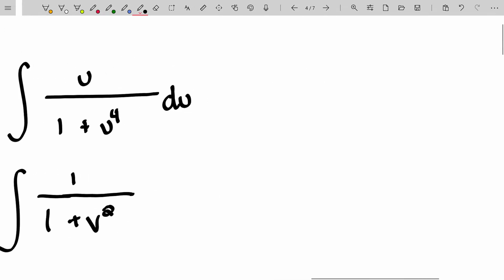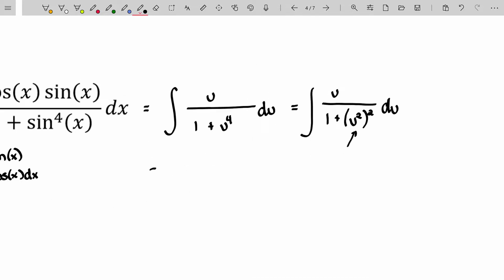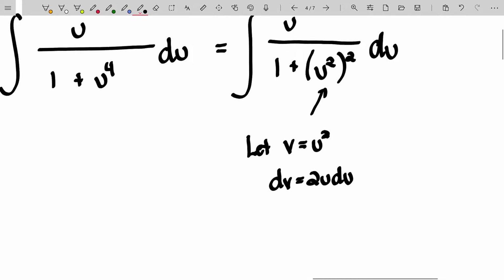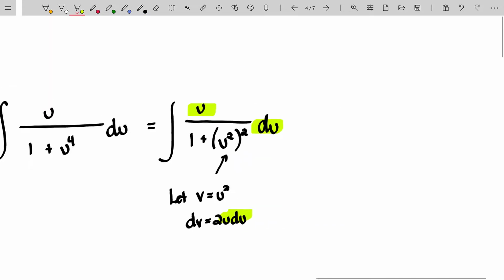If you rewrite this integral as the integral of u over 1 plus u squared squared du, you can see I'll just let v equal u squared. Notice that dv steals away a du and a u. Of course, I have to divide everything by 2, but that's okay.